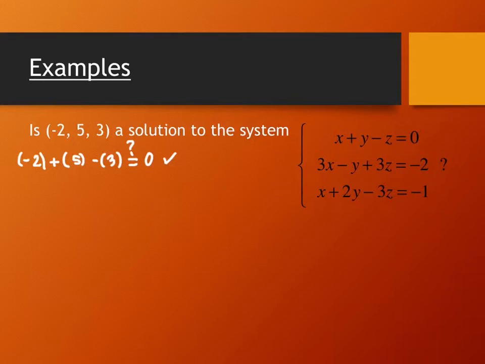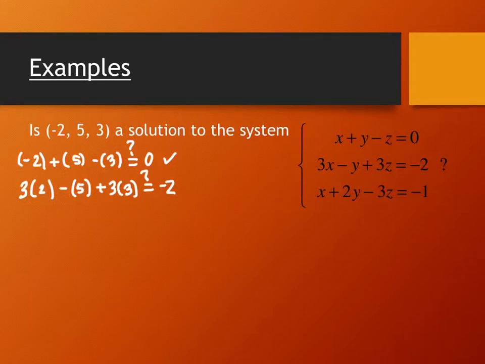Let's try the second one. 3 times the 2 minus the 5, and then plus 3 times the 3. And the question is, does that equal -2? Does it work?